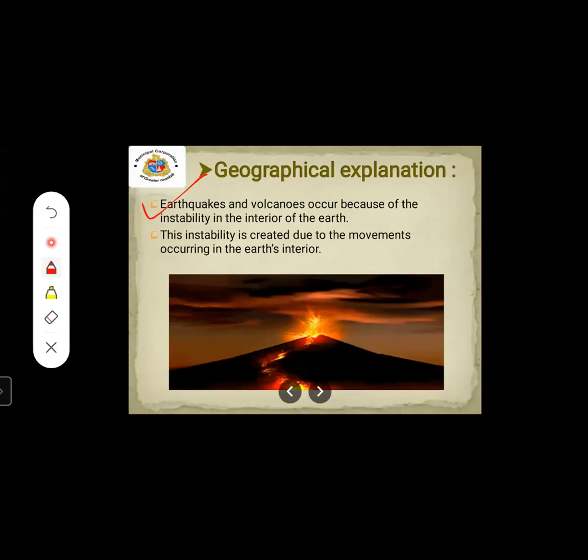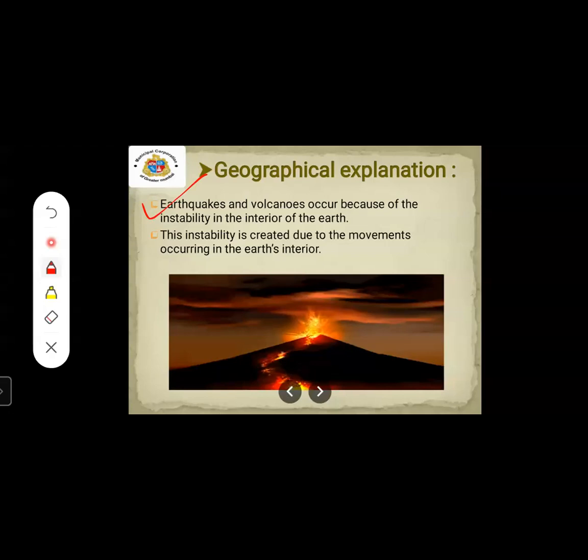Earthquakes and volcanoes occur because there is no stability in the interior of the earth, because lots of radioactive materials and energy transform, means the layers are transforming, and the energy waves travel from one place to another. So that's why they have said here that in the interior of the earth, there is instability.